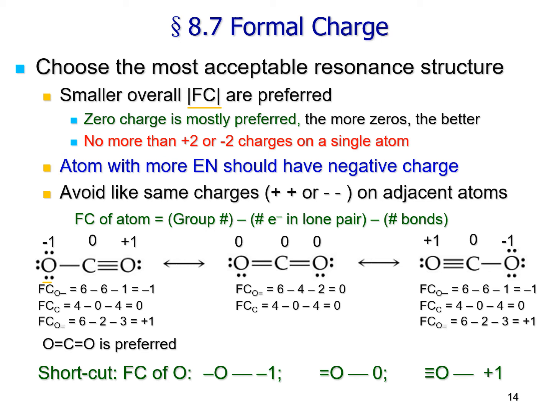I want you guys to memorize the formal charge of oxygen in these 3 different bonding situations. That's going to save us a heck of a lot more time, and also give us much better confidence to convince us that we calculated right.